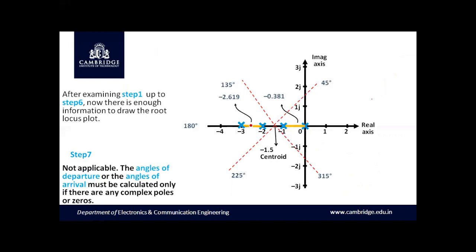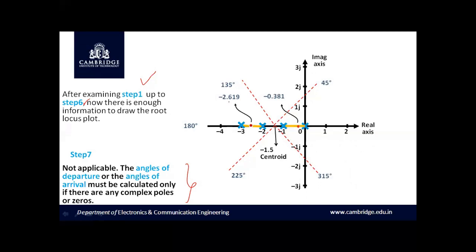Step number 7 is not applicable as we don't have any complex conjugate poles or zeros with respect to the given G of s. Therefore, after examining step number 1 up to step number 6, now we have enough information to draw the root locus plot. Let us plot the complete sketch of the root locus.